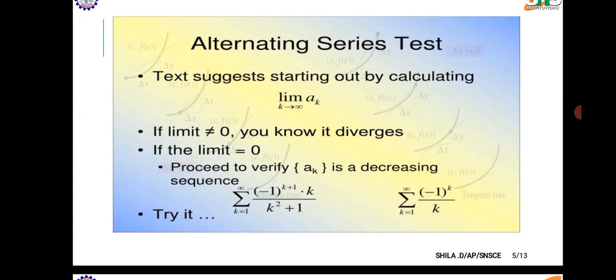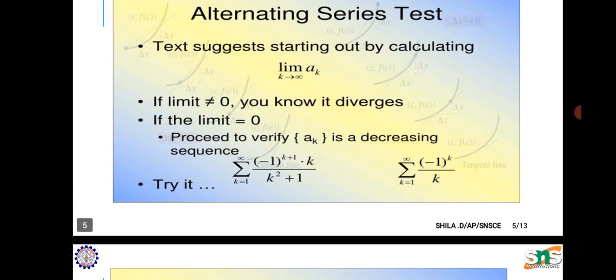So the test that you need to check for an alternating series: the limit as k tends to infinity of ak. First, if the limit is not equal to 0, we know that it is divergent. If the limit is equal to 0, then I have to check whether ak plus 1 is less than or equal to ak. In that condition, I consider the sequence ak.